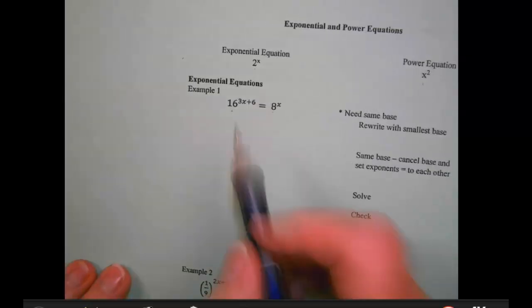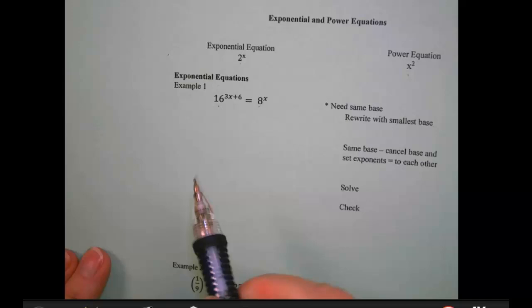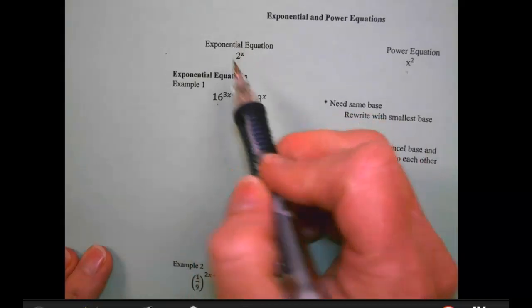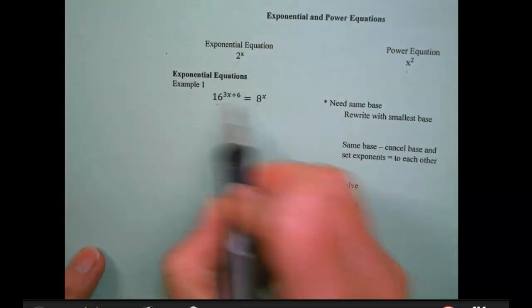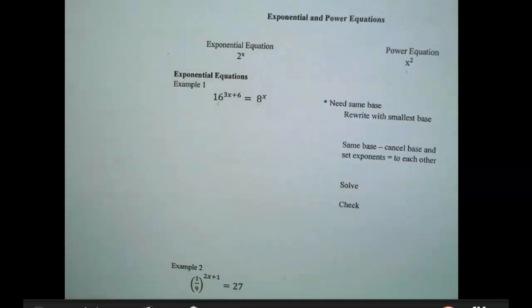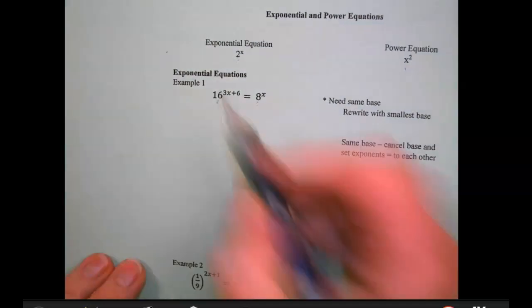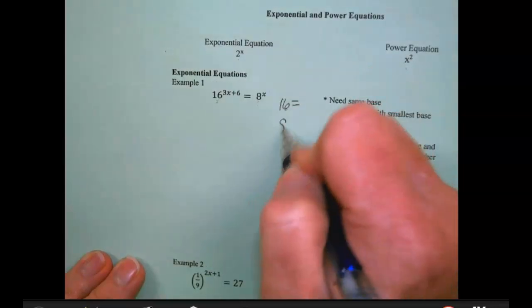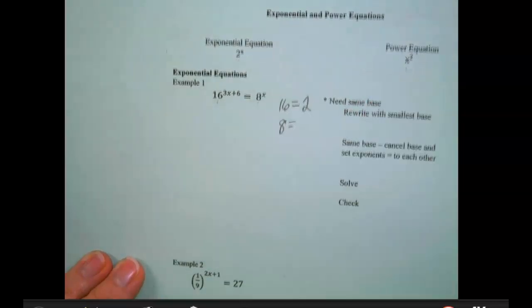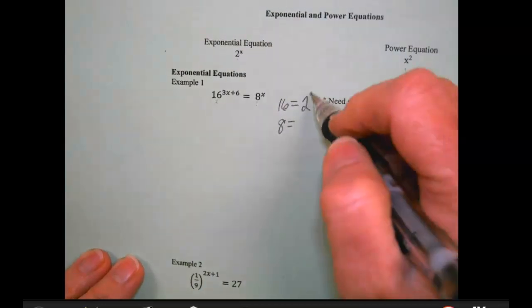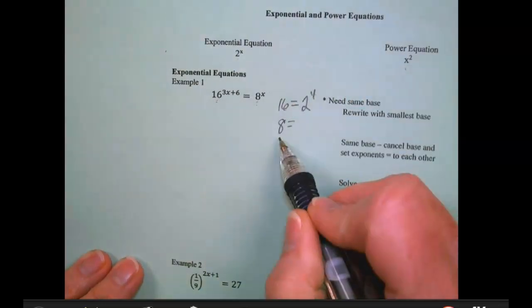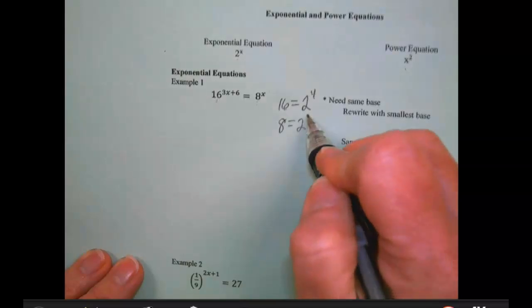And so just like what we were doing with our exponents when we did the rational equations, we have to make the 16 and the 8 its smallest number. So 16 and 8. So 16 is 2 to what power? 4, yes. And 8 is 2 to the 3rd.